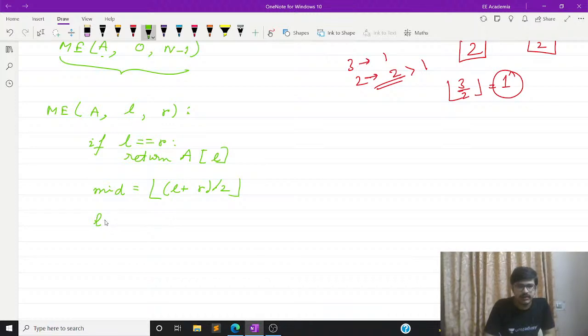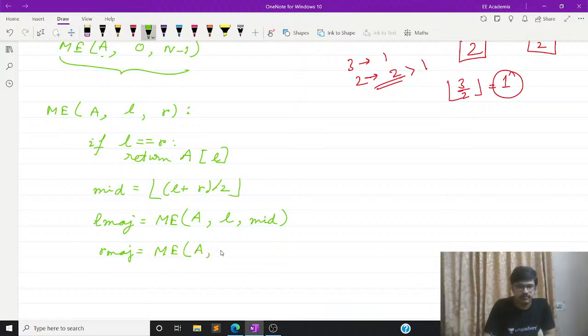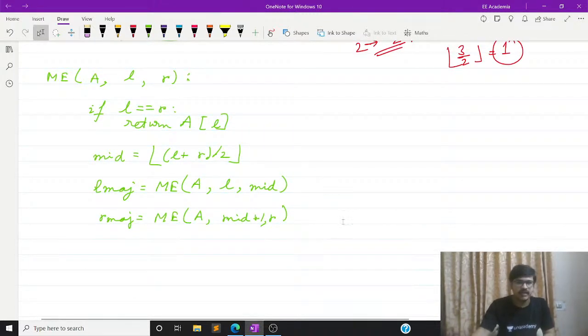Left majority is equal to the majority element in the left half of the array from L up to mid, and you find the majority element in the right half, mid plus 1 till the right end. You call this recursively on the left half and the right half to find both the majority elements.